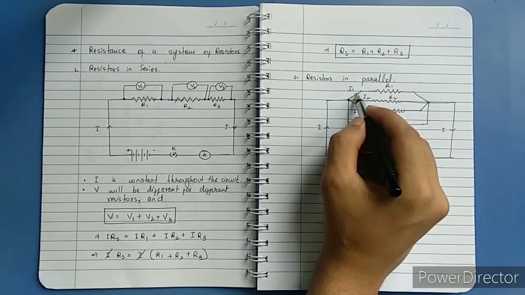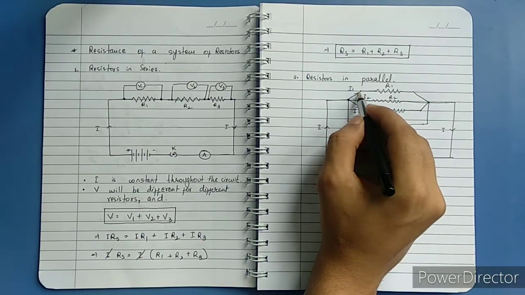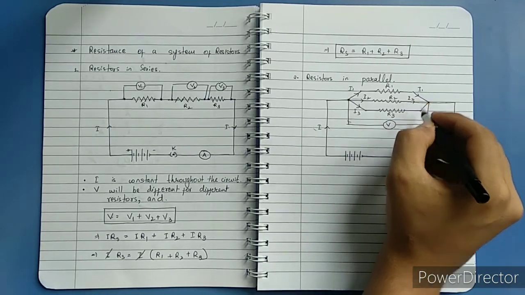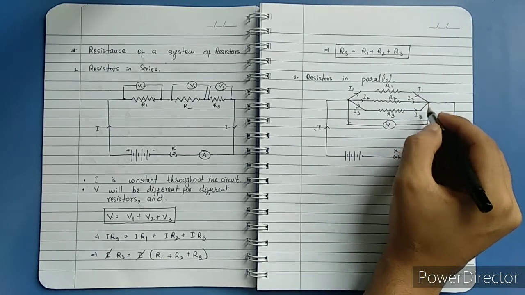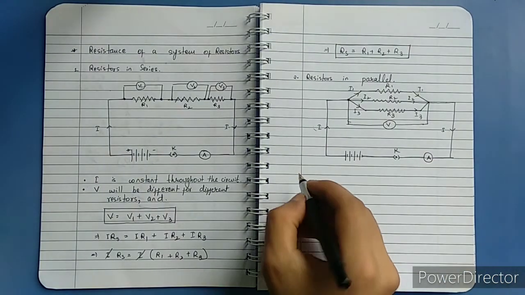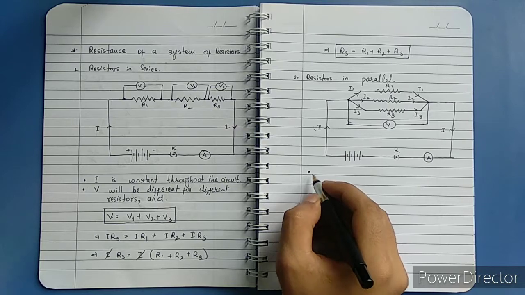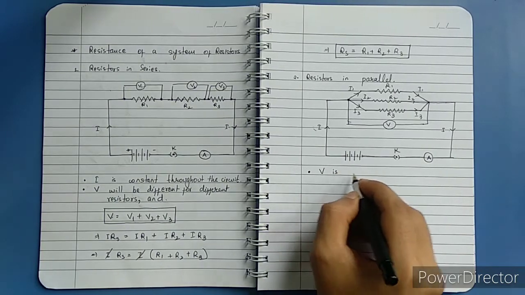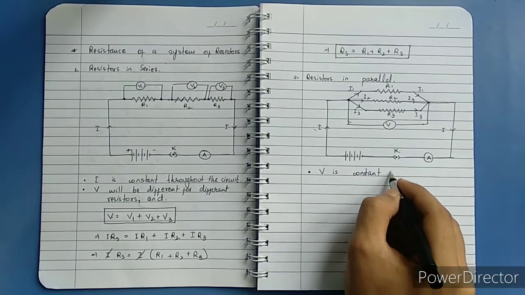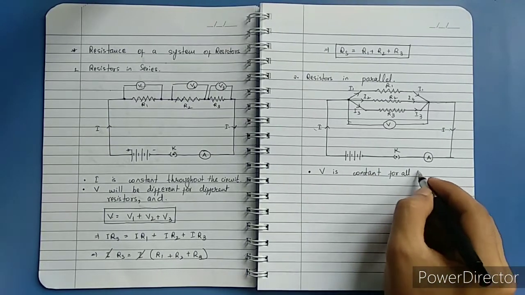Here the current splits, and I1, I2 and I3 meet up again and become the total I. So in parallel, V is constant for all the resistors.